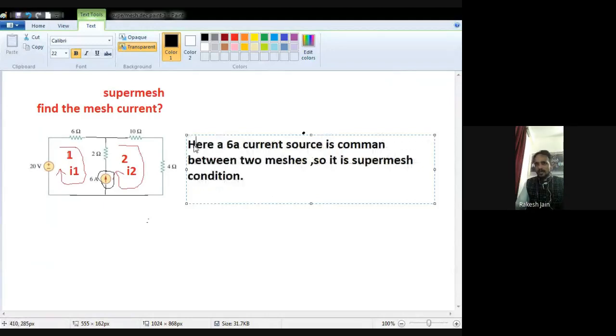Here a 6 ampere current source is common between two meshes. So it is a super mesh problem.